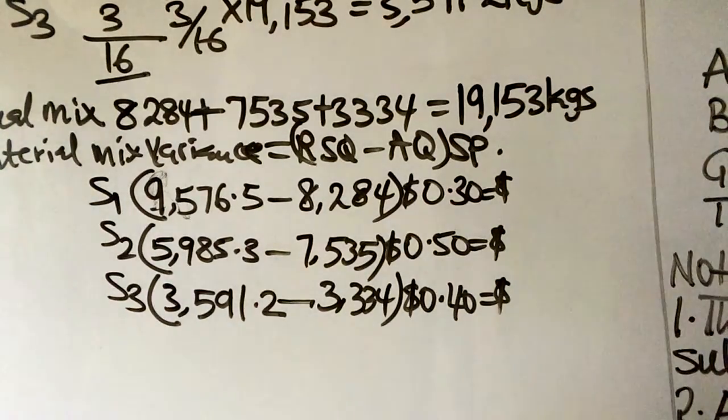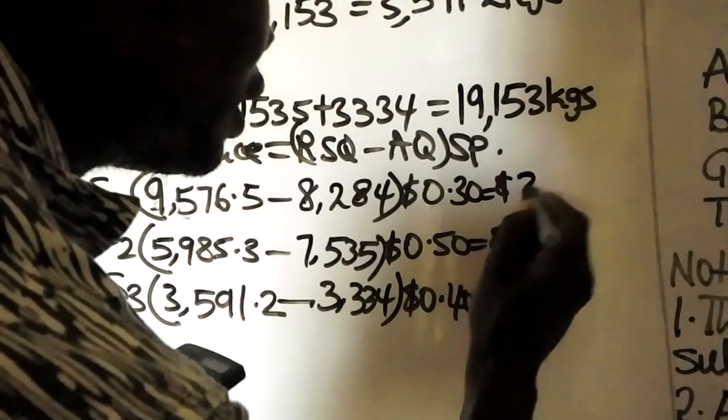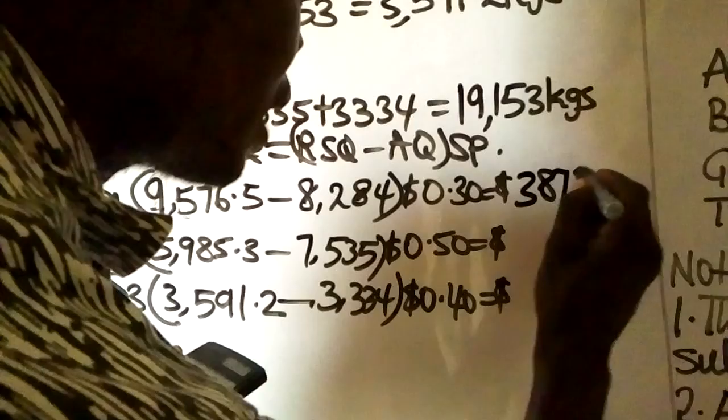So if you have 9,576.5 minus 8,284 multiplied by 0.3, that will give us 387.75.